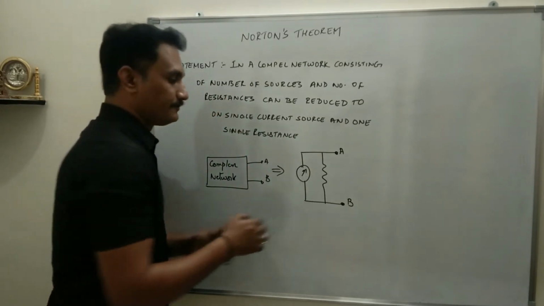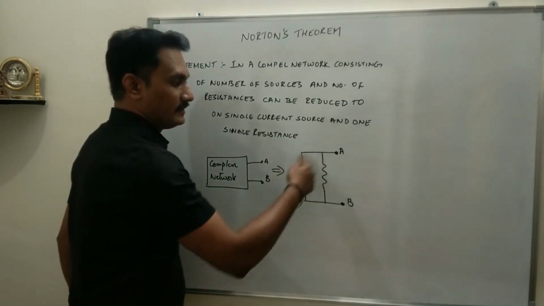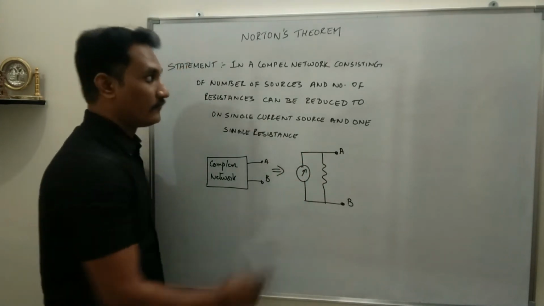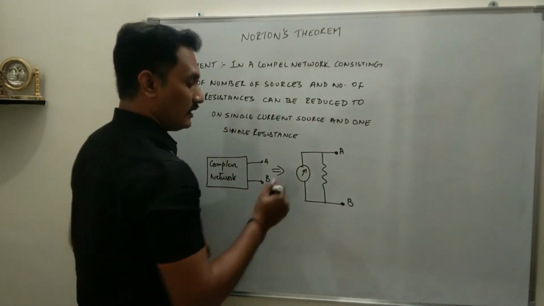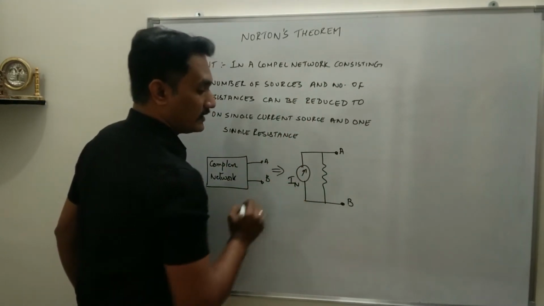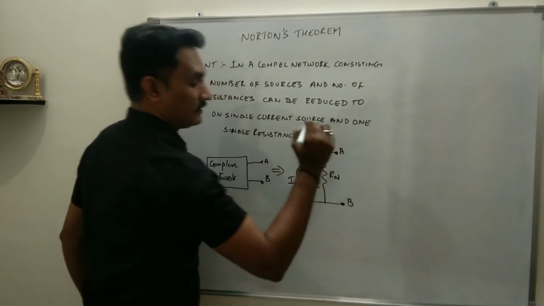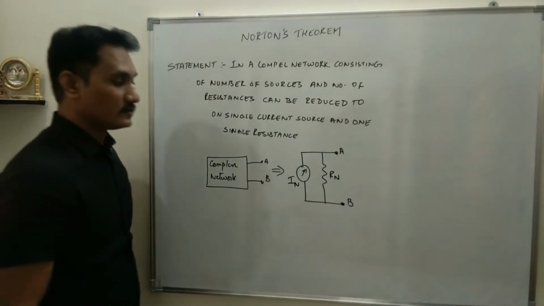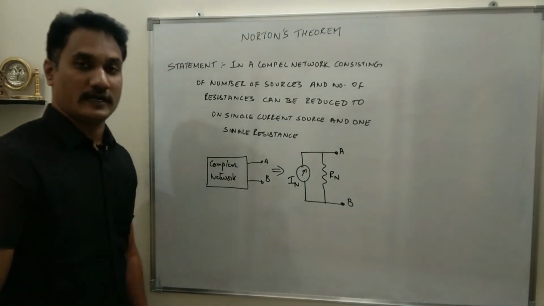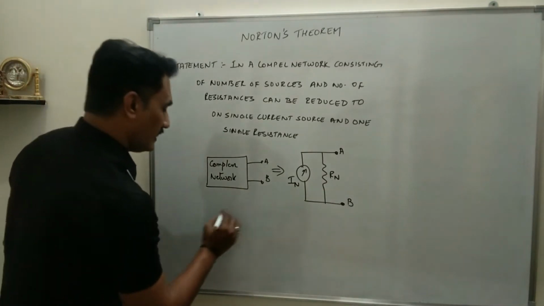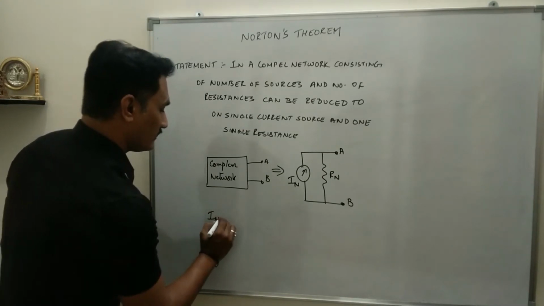Okay, so this is basically the simplified diagram for Norton's theorem. So Norton's equivalent circuit will have a current source and a resistance. That current source will be called IN, Norton's current, and the resistance will be called Norton's resistance. Okay, so now what is IN?